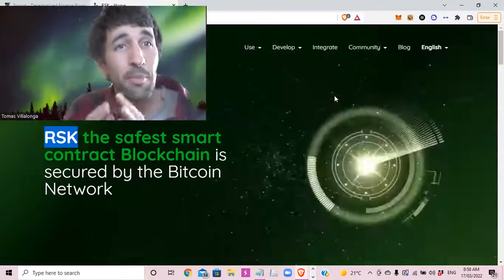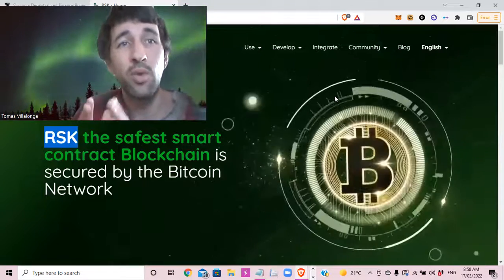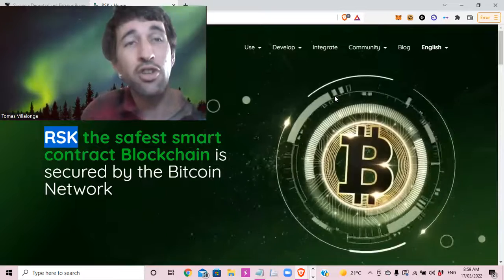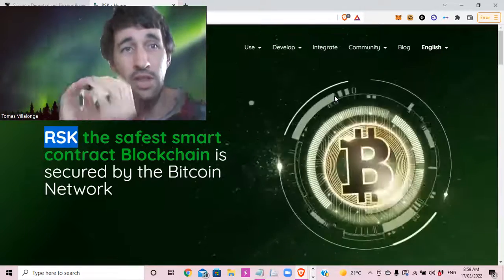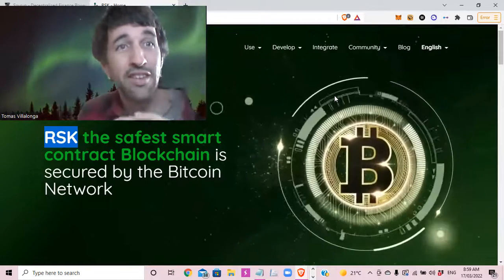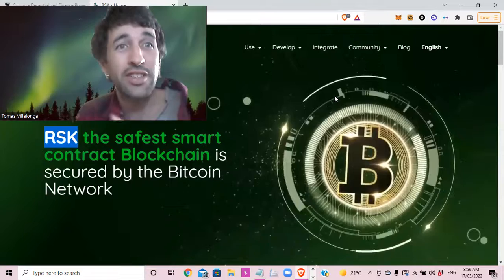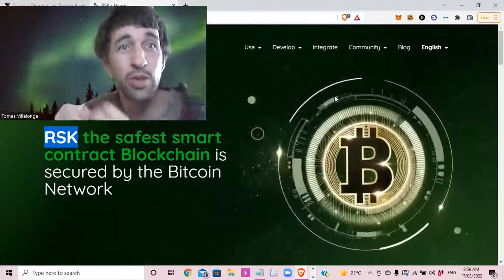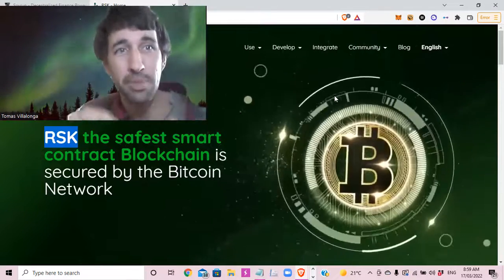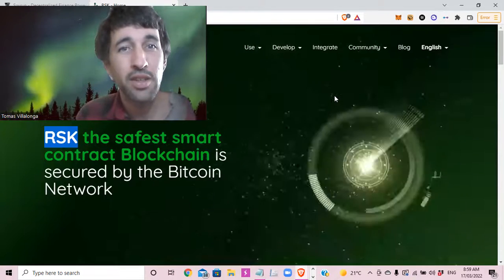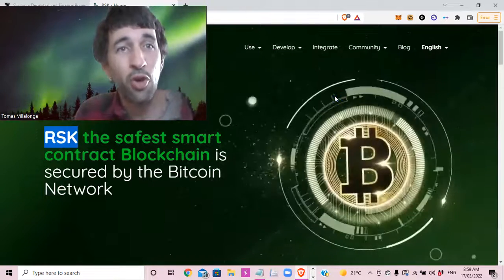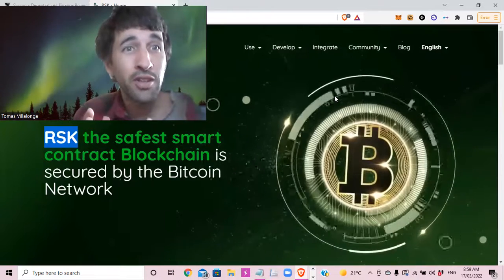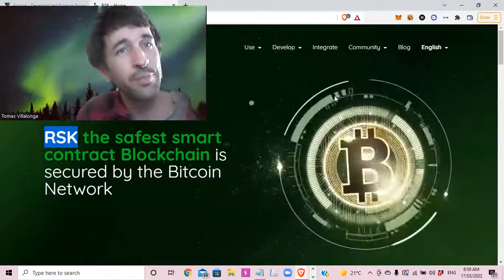So merge mining, what that does is that the miners that did not get to upload their block into the blockchain have a chance to upload the RSK block into the RSK blockchain and get rewarded in Bitcoin. So for all the Bitcoin miners, this is a free extra source of revenue.